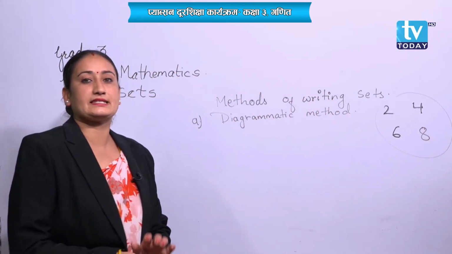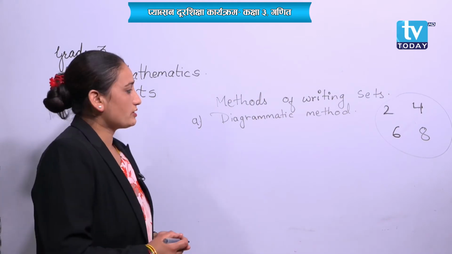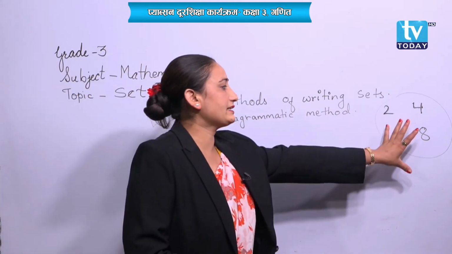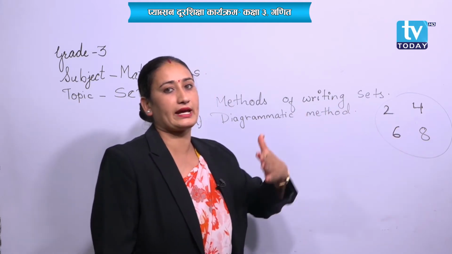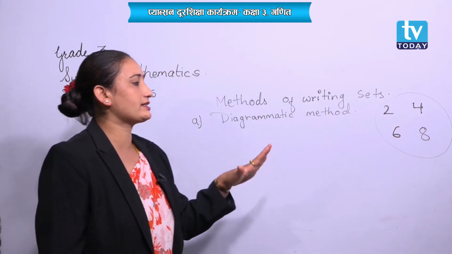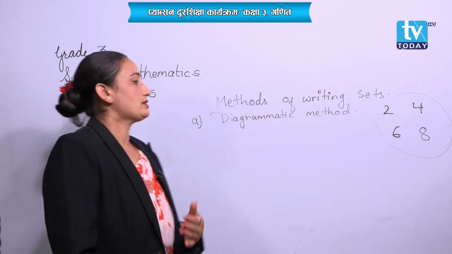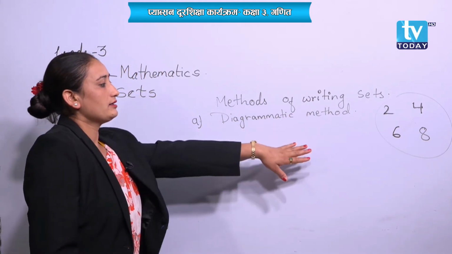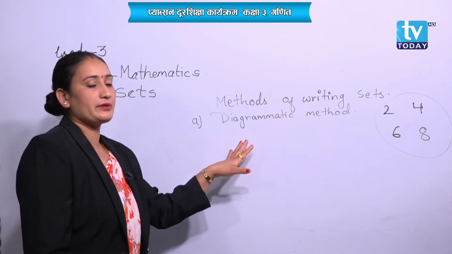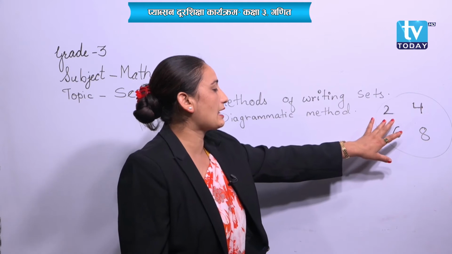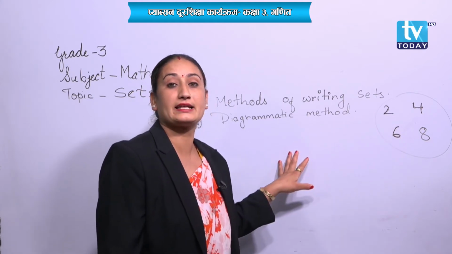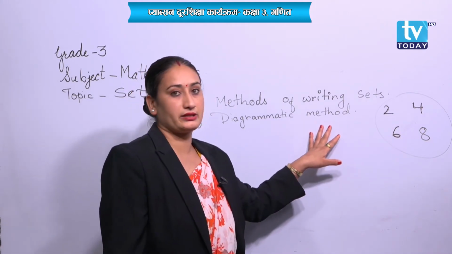So, student, can we easily identify it or not? By looking at the picture also, we can easily identify it is the set of numbers. So, if the set comes in the form of a circle and the members are also coming inside that circle, then we call it a diagrammatic method.